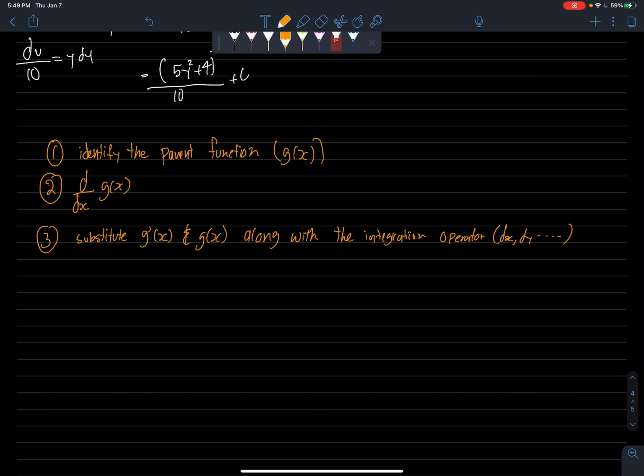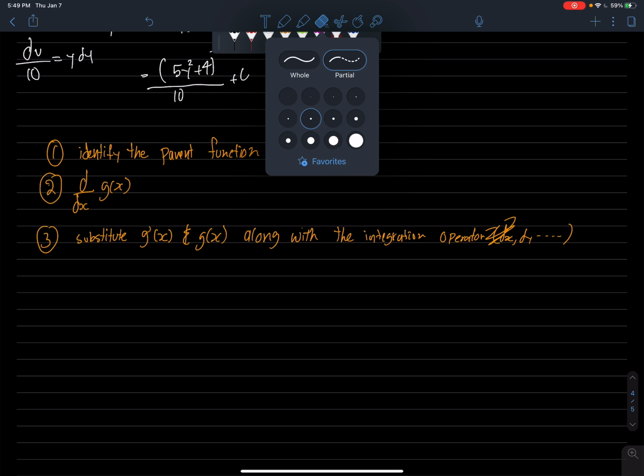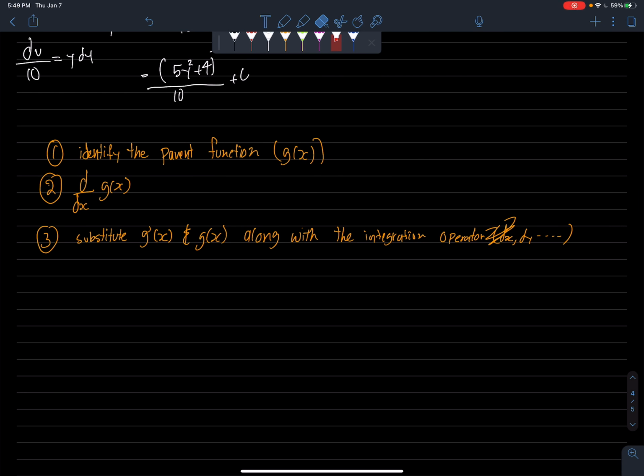So change the variable of integration. Let me write that actually, that's better. I'll write that on the next one. So actually right here, change the variable of integration, so that's just being the du or whatever.